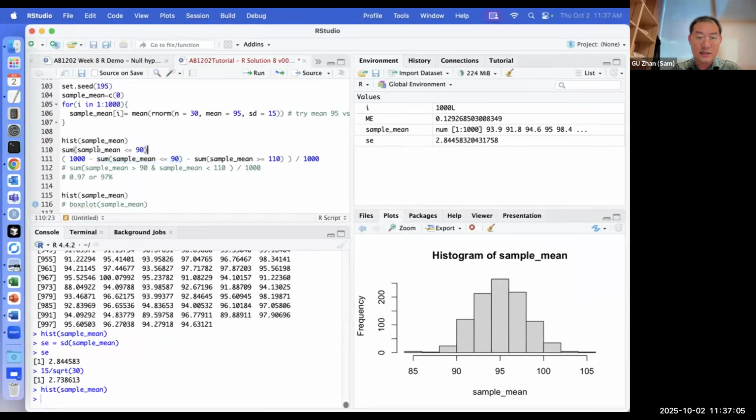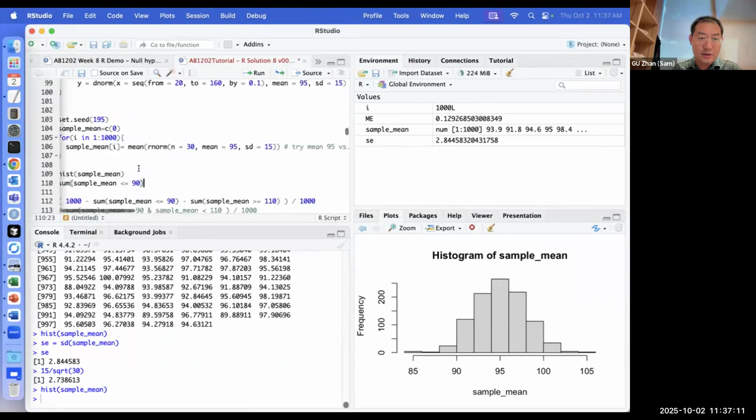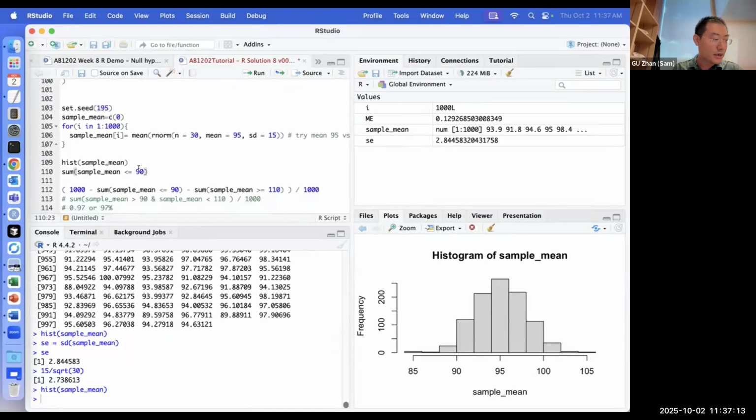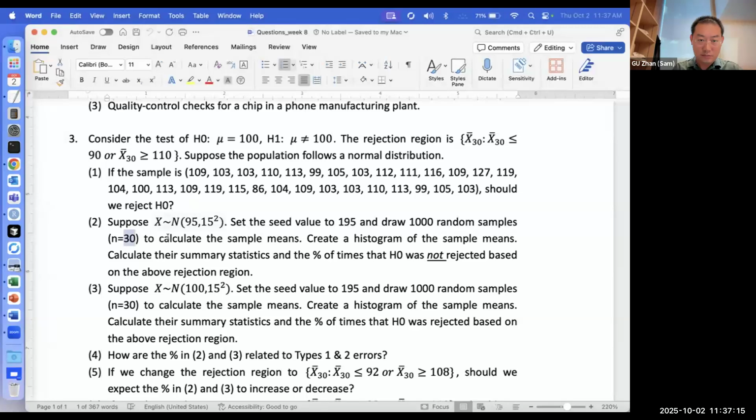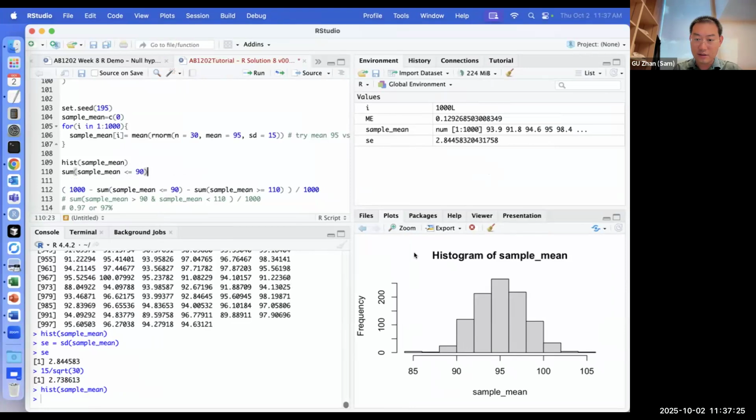Sorry, this question is asking about calculating the histogram, not rejected. Not rejected is in between 90 and 110, right?